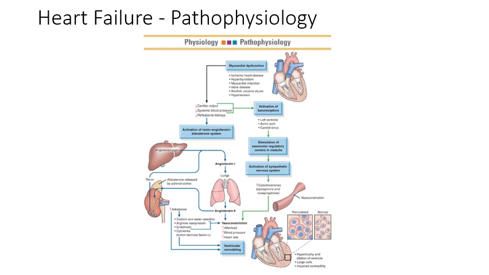This slide comes from your textbook, and it really talks about the pathophysiology that goes along with heart failure. You can see myocardial dysfunction leads to decreased cardiac output, decreased systemic blood pressure, and decreased perfusion to the kidneys. That leads to two things.